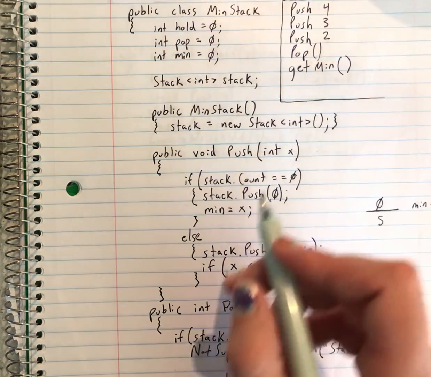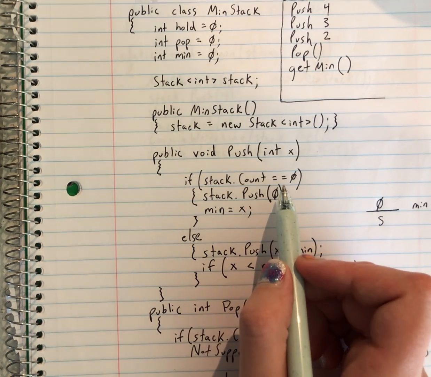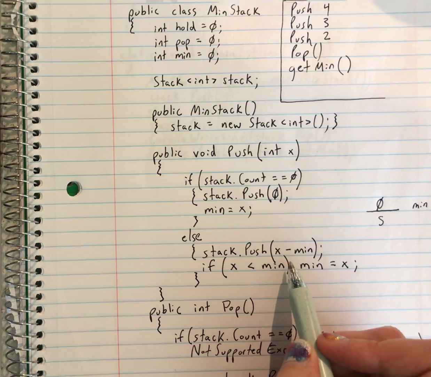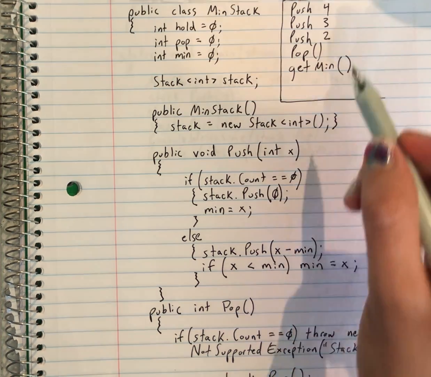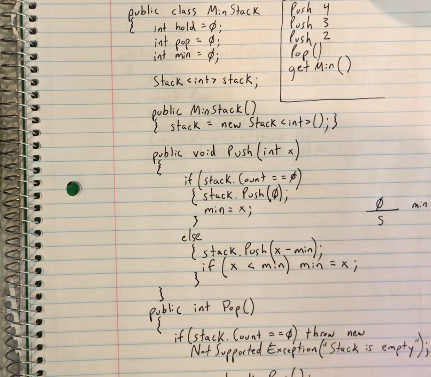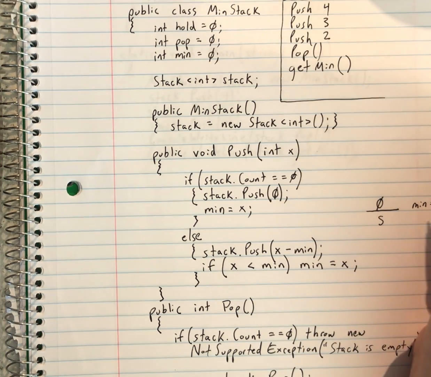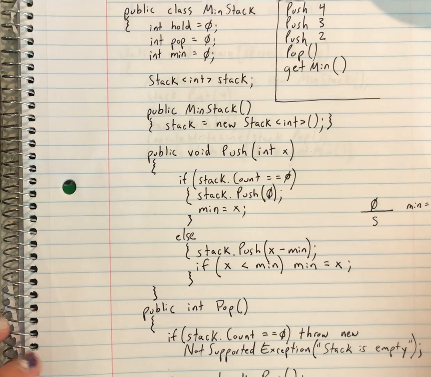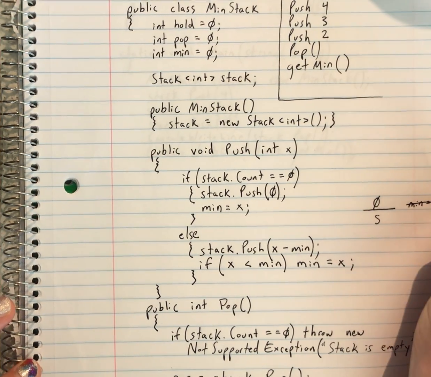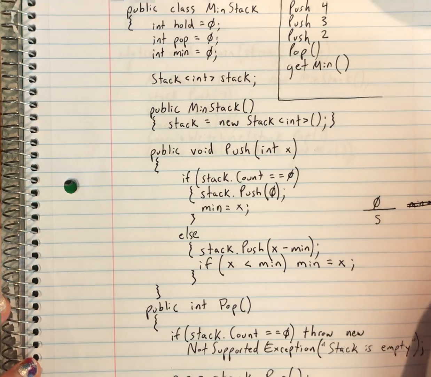We'll push 3. So if stack.count is 0, nope. Else, we're pushing x, so 3, minus the current min into the stack, which is 3 minus 4. Let me draw this in a place that's better to see.